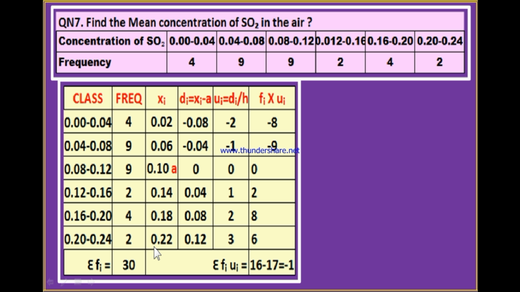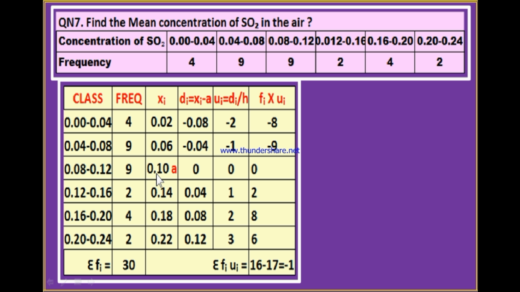After writing all the class marks, we can consider the mid value of the class having the highest frequency as A, the assumed mean. A stands for assumed mean. Of course, you can consider any mid value as A, but in general we may consider the middle class mid value as A, or the mid value which has the highest frequency.